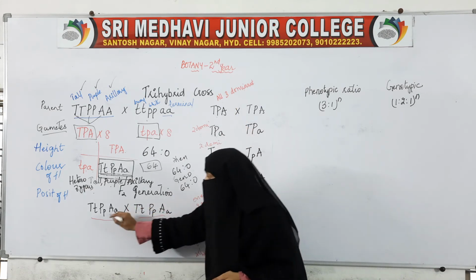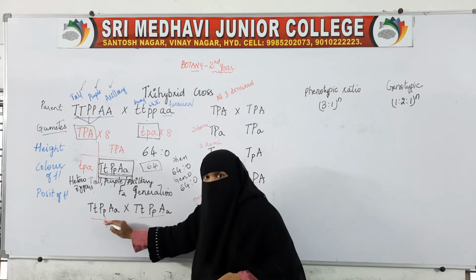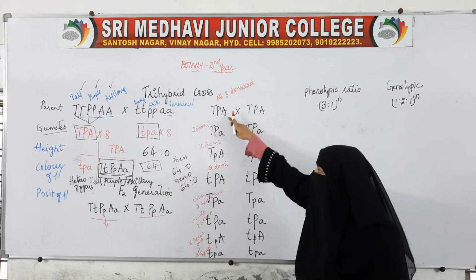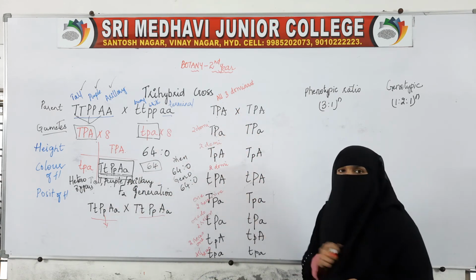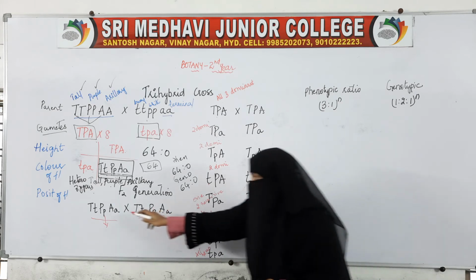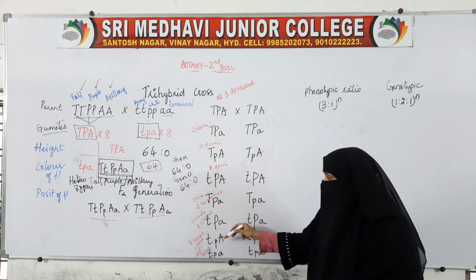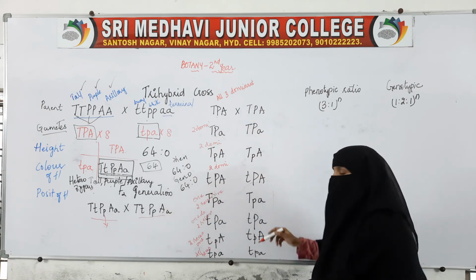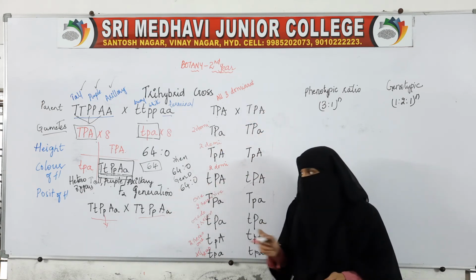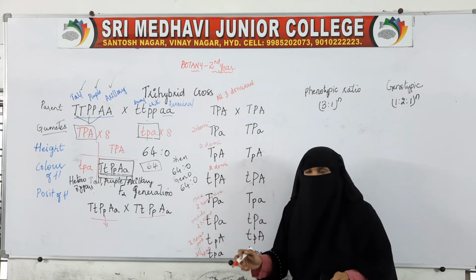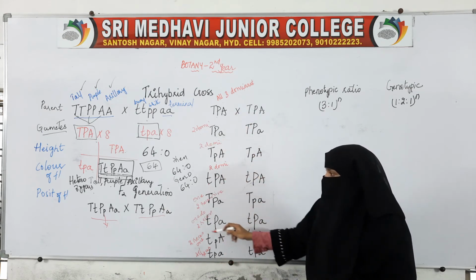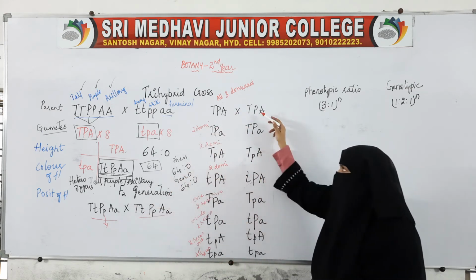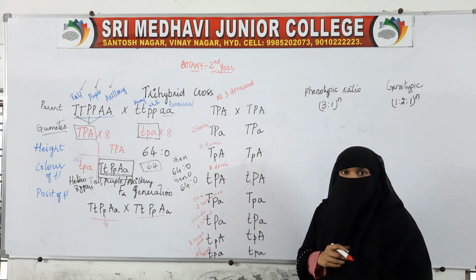When you self this, it will produce gametes. What type of gametes? These 8 types of gametes will be formed. So this will also produce these 8 types of gametes. When we self these two of the F1 generation, for this we get these gametes, and for this we get these gametes.